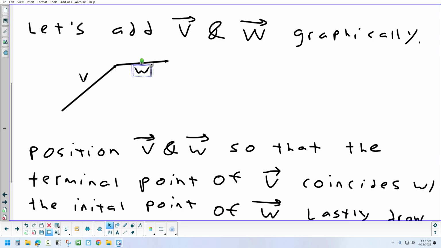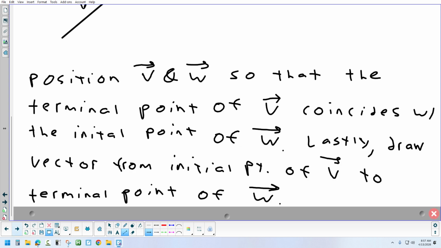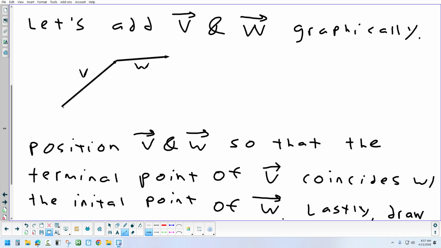Okay. And then lastly, what I'm going to do is draw the diagonal in from the initial point of the first vector to the terminal point of the last vector. Okay, so just like that. And that is a visual for V plus W.